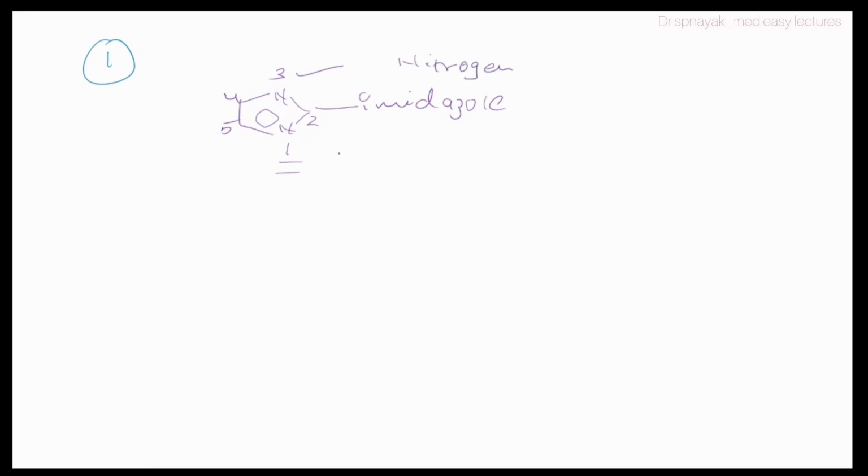So this is called the imidazole ring. There is a very special thing about carbon number 5. Carbon number 5 is having a nitro group, NO2. So chemically it is named as 5-nitroimidazole. And this entire thing is called metronidazole.